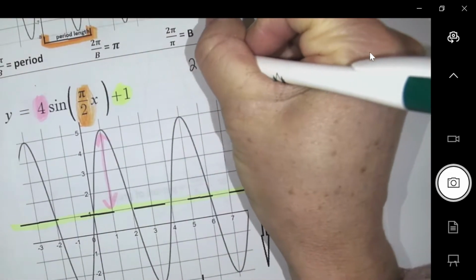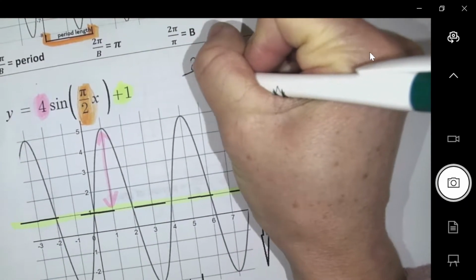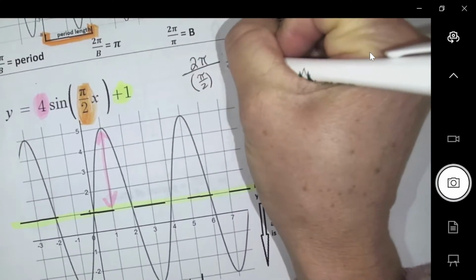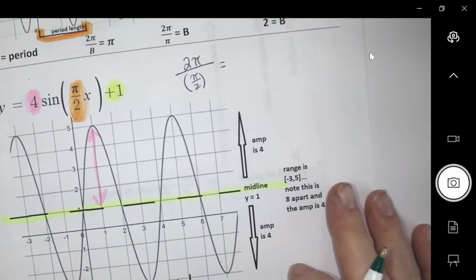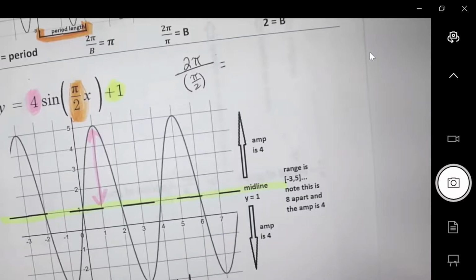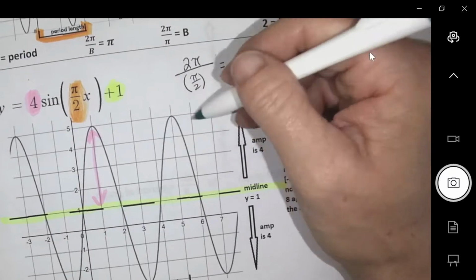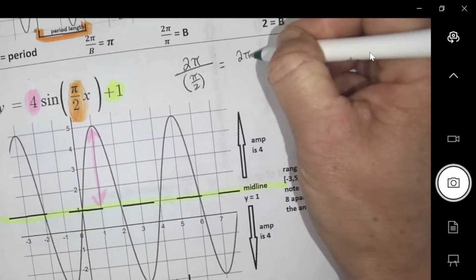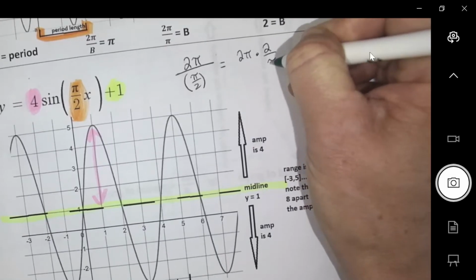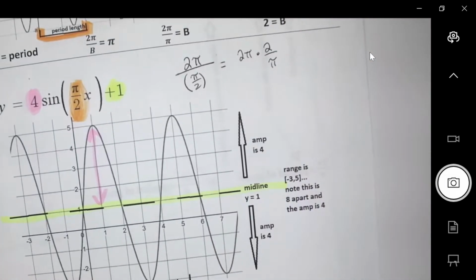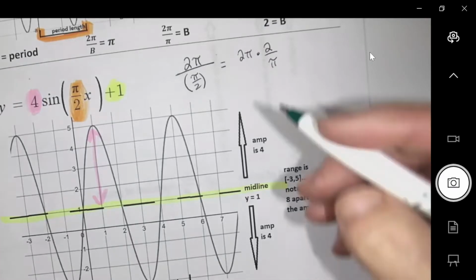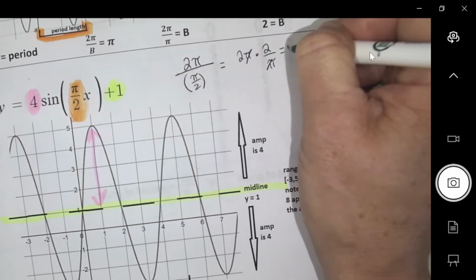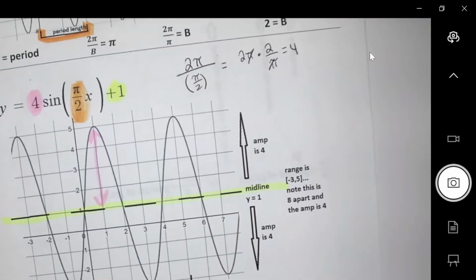So if I do 2 pi over pi over 2, what is my new period showing? So how do I divide this in math? I'm going to go 2 pi times and flip. Is that okay with you? I times and flip fractions when I divide. And then this cancels. So the period is 4.